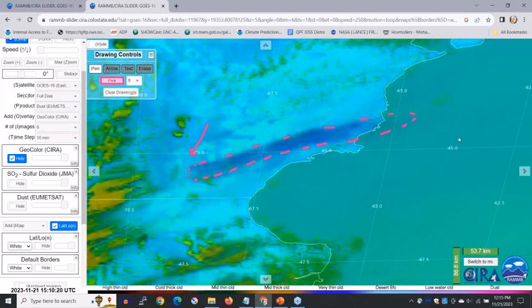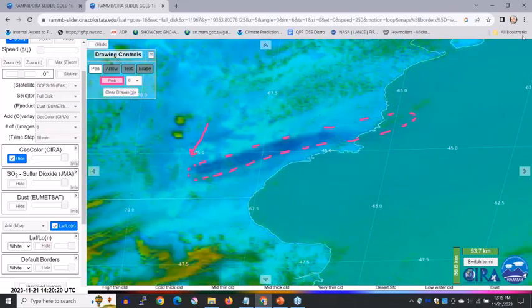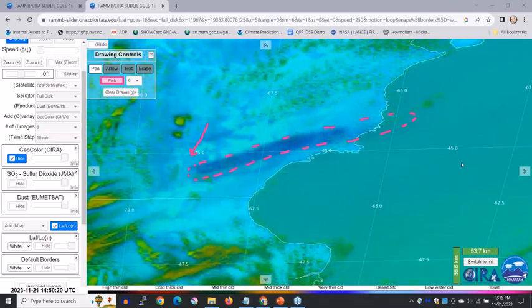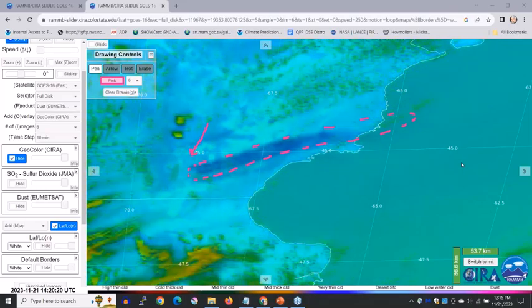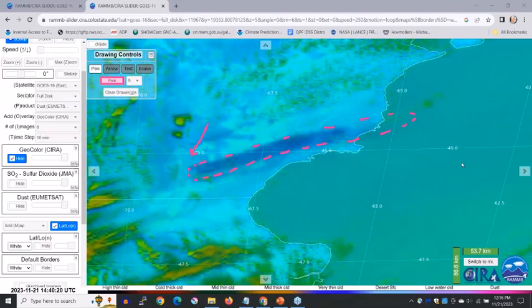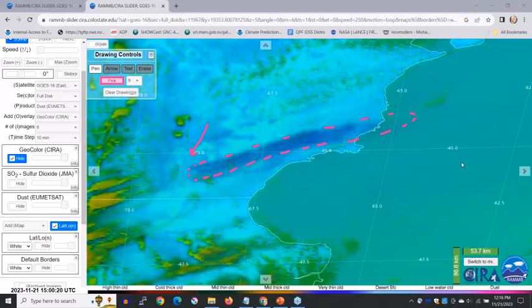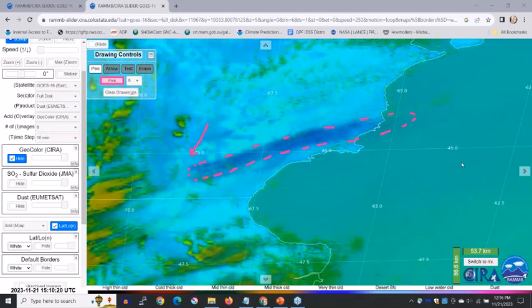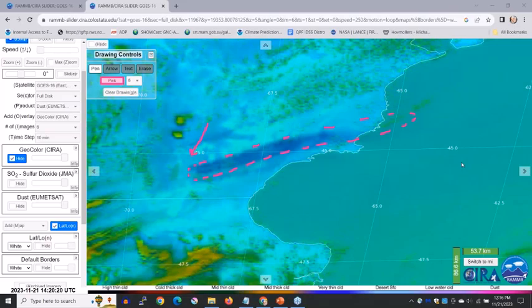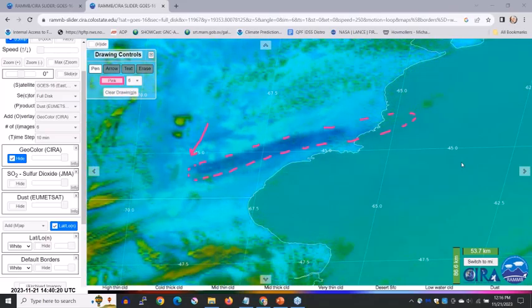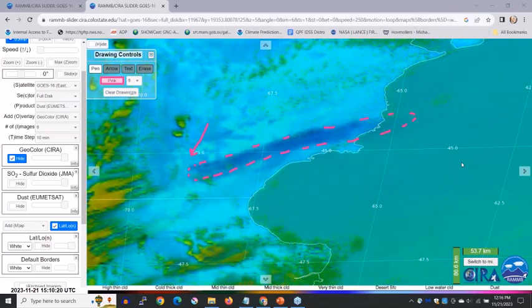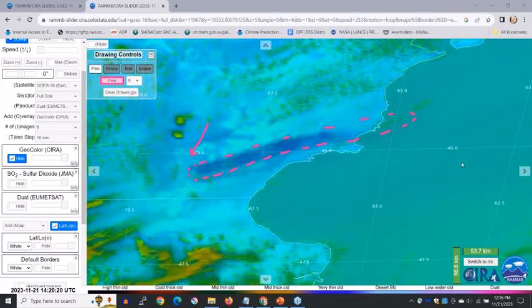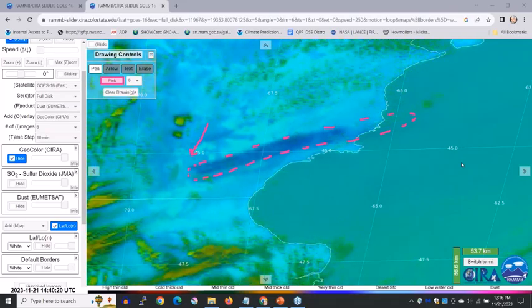So this is highlighting that because nature is complex, we often need more than one product to help look at it, because sometimes the particles are small, sometimes they're large, and it shows up differently. For example, one of the differences might signal a cirrus cloud. So in this case, it's dust.